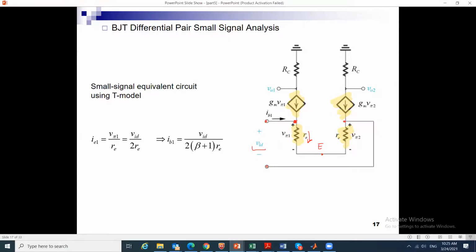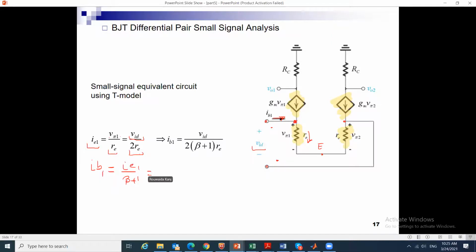So IE1 is equal to v pi 1 over re. But it is also equal to VID over 2re. We can add the two resistors, and I know from here to here it is VID. So IE1 is equal to VID over 2re, and we know that IB, by virtue of the BJT, is equal to IE over beta plus 1.